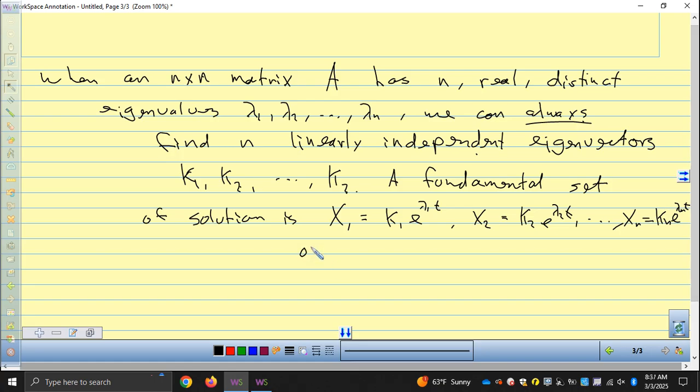And this is on negative infinity to infinity, because e to the lambda t is a nice function.